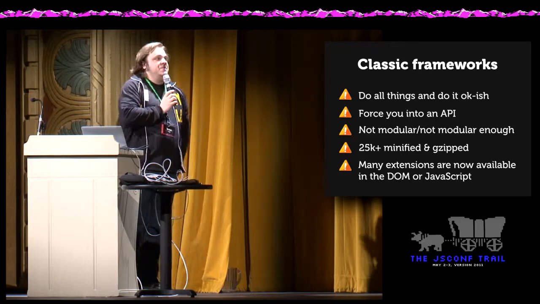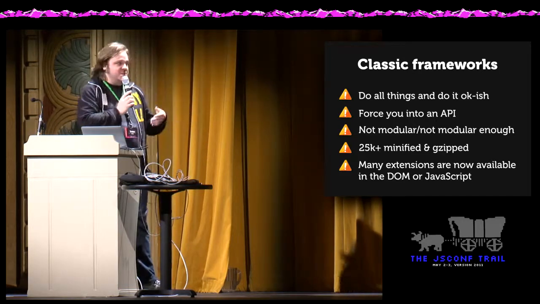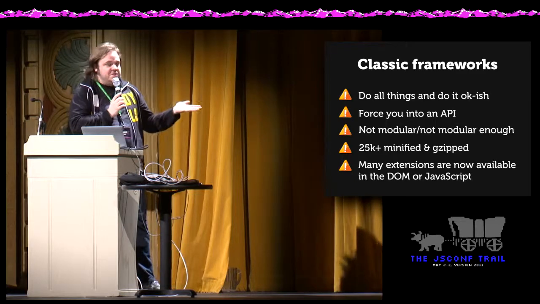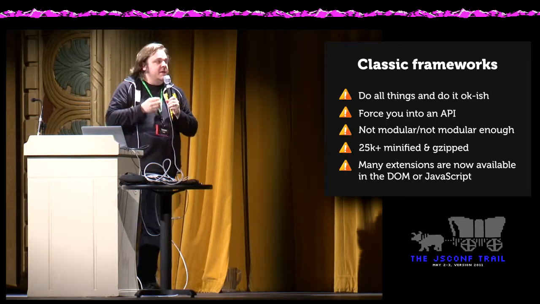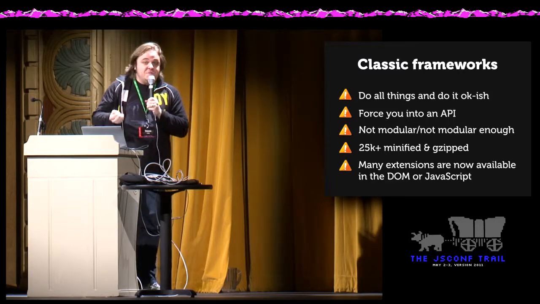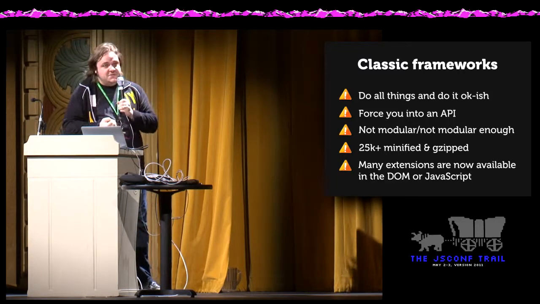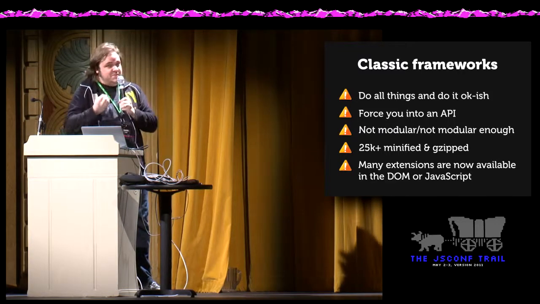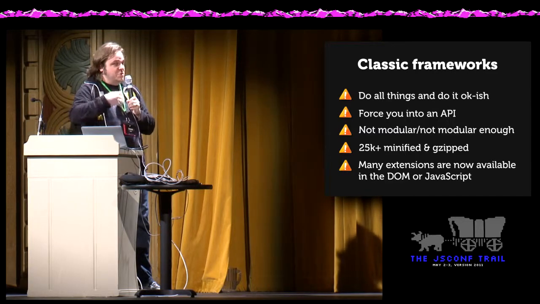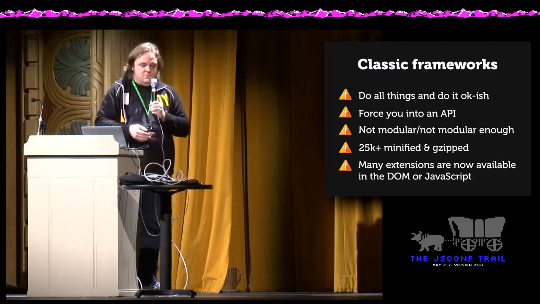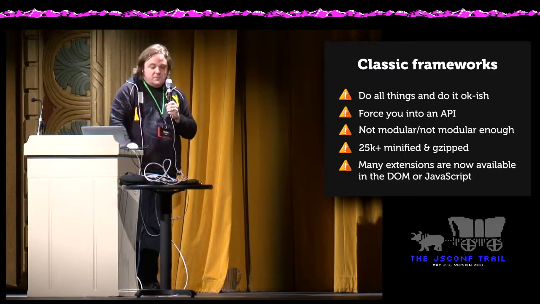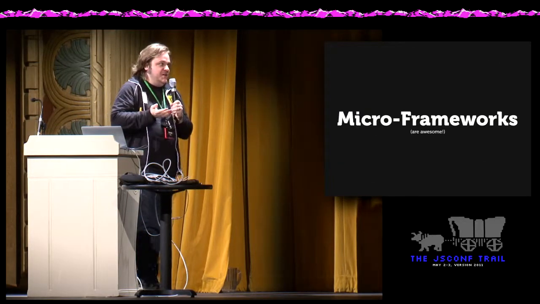And the problem is, as you have seen, a lot of the stuff that they implement is actually now part of the DOM or JavaScript or the WebKit browsers or Firefox or whatever. Because the browsers adopted the features from those libraries. So it doesn't make sense for the libraries to push that out to clients anymore. We can remove the stuff from the libraries. And this is where the micro frameworks come into play.